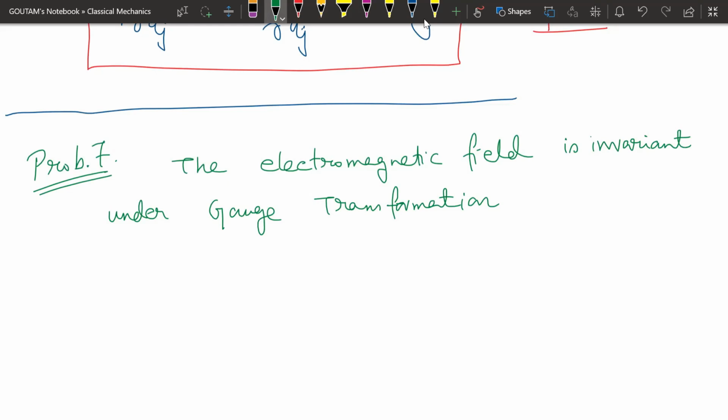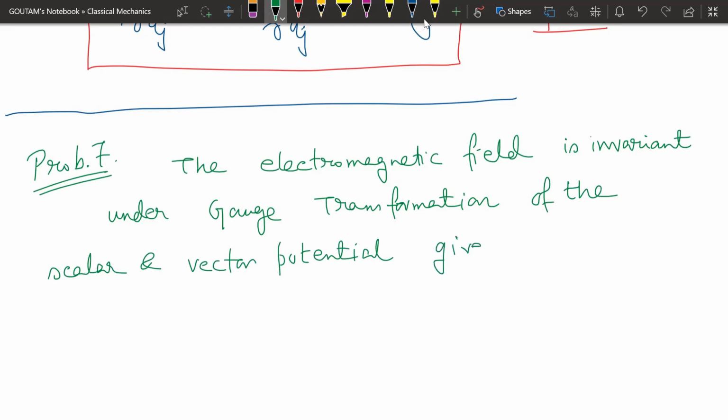So the electromagnetic field is invariant under gauge transformation of the scalar and vector potential given by A to A plus divergence of psi(r, t). Psi is any differentiable function of r and t.